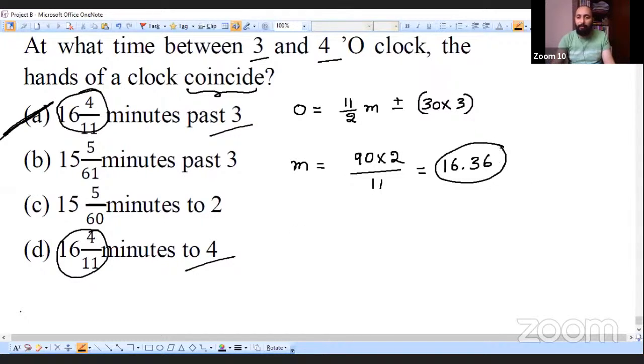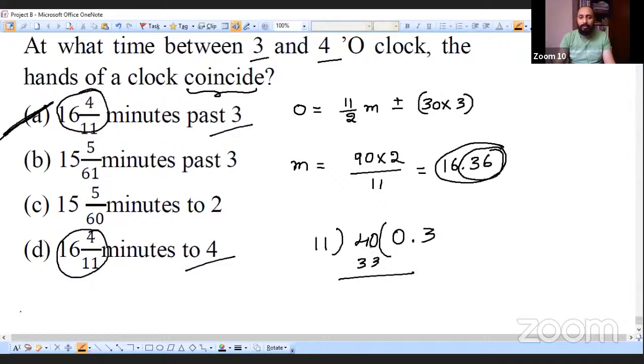Still, if you want to check 4 by 11, just divide them. First you put the point, so it will become 40. 11 threes are 33.